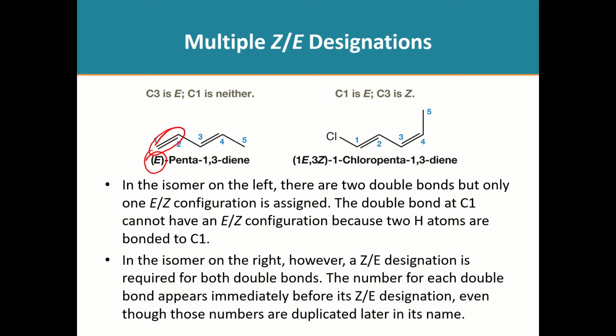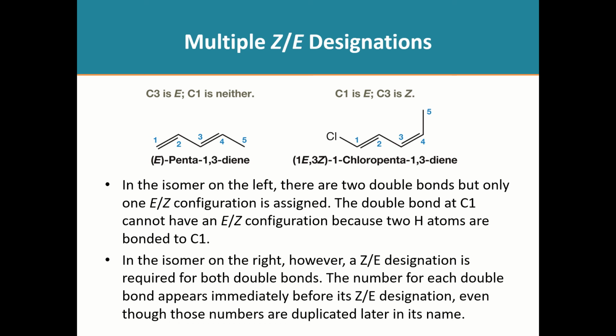We already know that because if we just look at the name, we see that there's a diene. So that means that there's two alkenes. And this E clearly is talking about the third alkene because the first one cannot be an E or a Z. It's just implied.